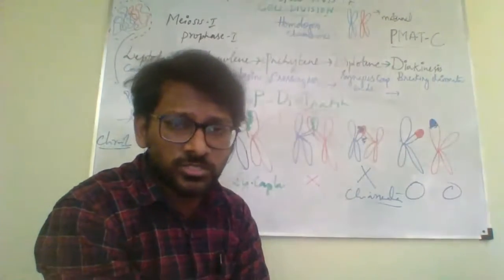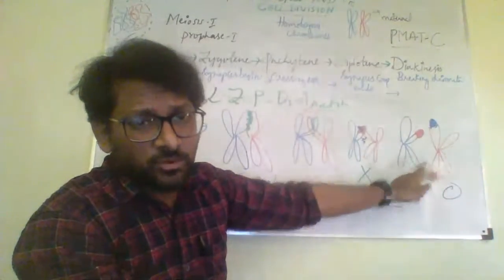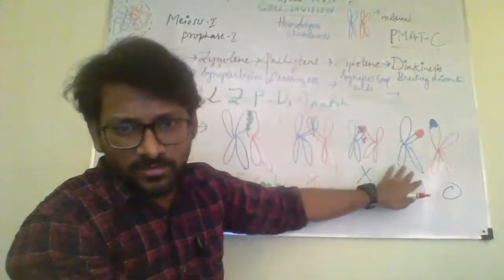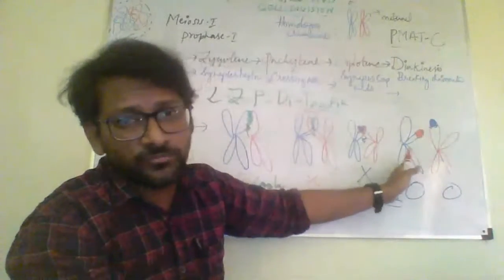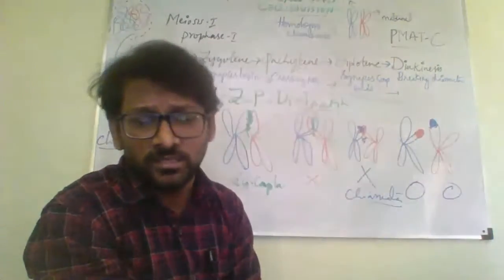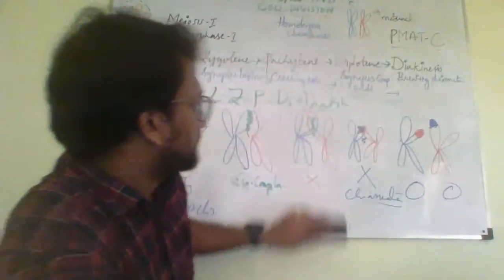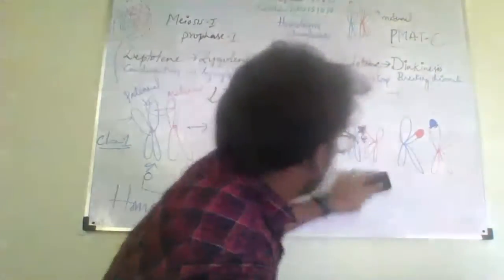Once meiosis 2 starts, what happens? These chromatids, the 4 chromatids that are there right now, would eventually act as chromosomes in the gametes. So if I start drawing the gametes directly, how would they appear?